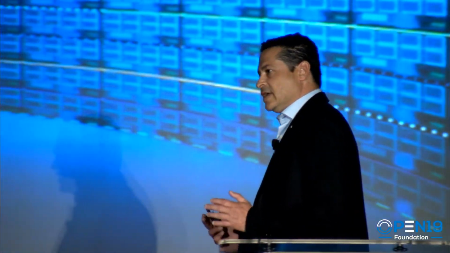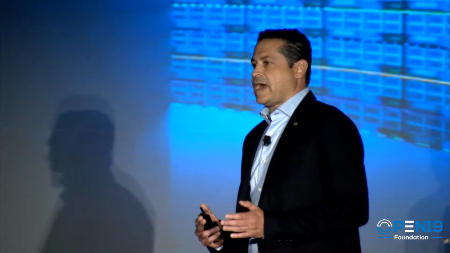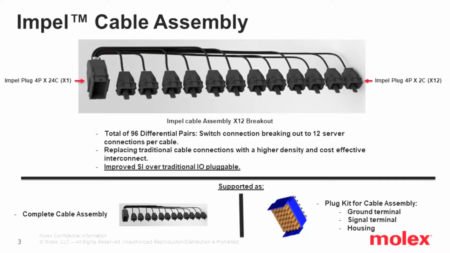By packaging in a more dense form factor, it has implications over the board real estate and the ability to scale up very easily, very fast, plugging into these interconnects through a cable that will accommodate that density, breaking out from 1 to 12 different interconnects at the server level.